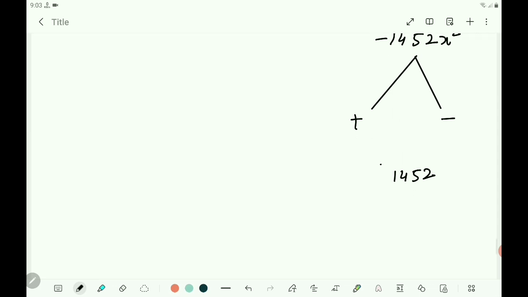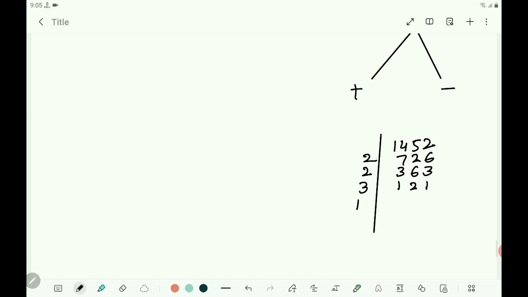Factorize 1452. It is divisible by 2, 2 sevens are 14, 2 twos are 4, 2 threes are 6. Next it is divisible by 3, then divisible by 11, 11 elevens are 121.